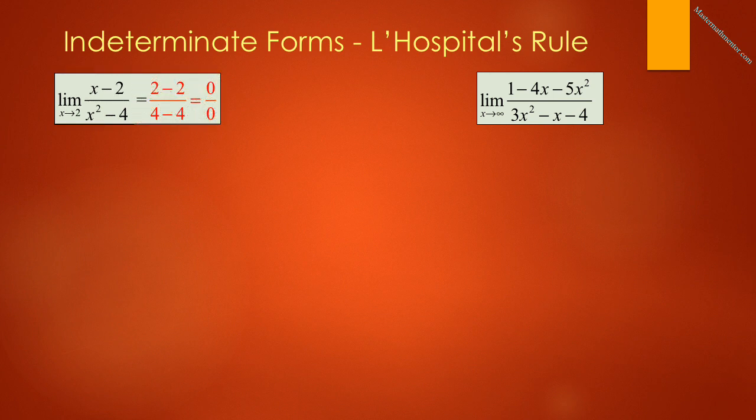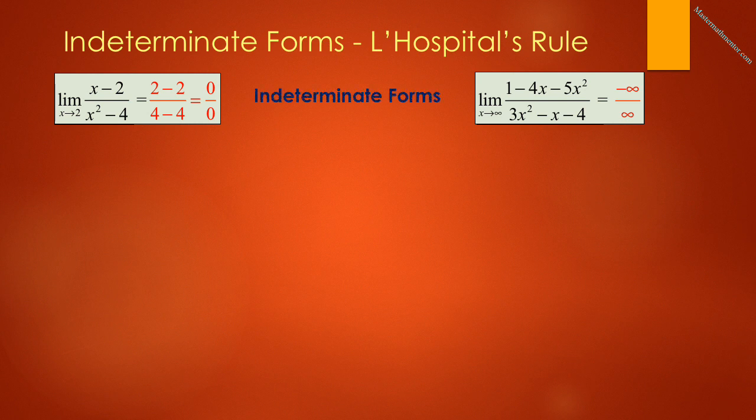In the first problem, we would plug in 2, and we would get 2 minus 2 over 4 minus 4, and we would get 0 over 0. In the second problem, we would ignore all terms except the highest power terms in both the numerator and denominator. Plugging in infinity, we would get negative infinity over infinity.